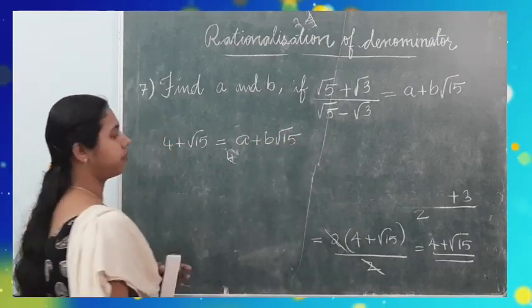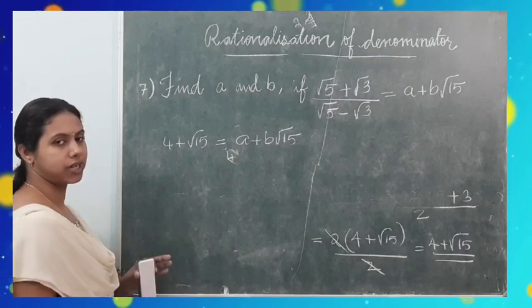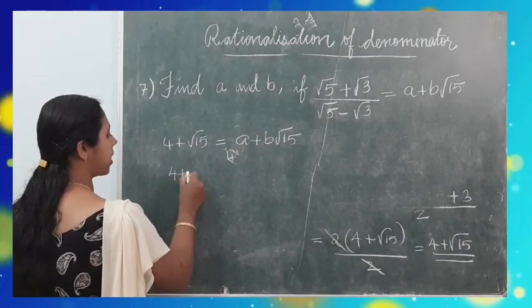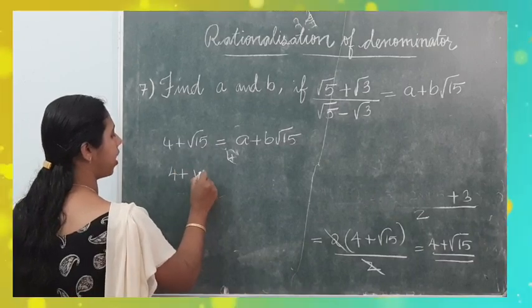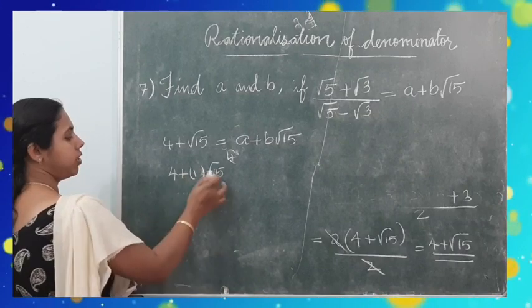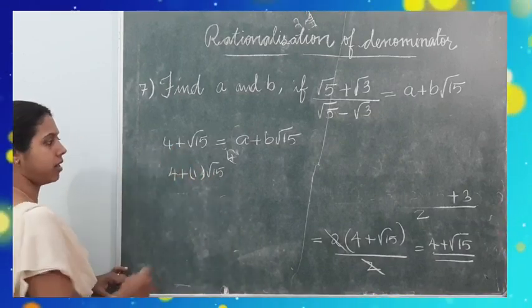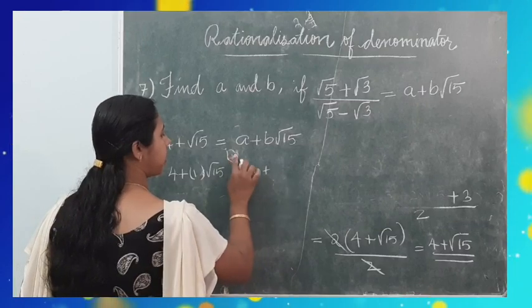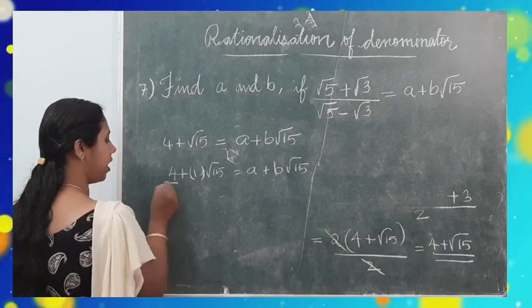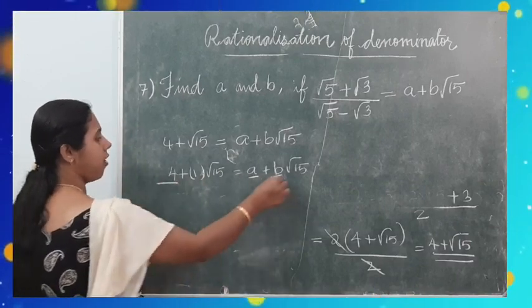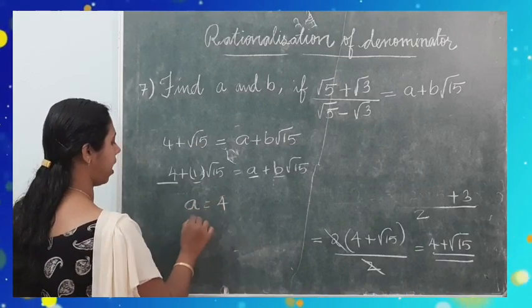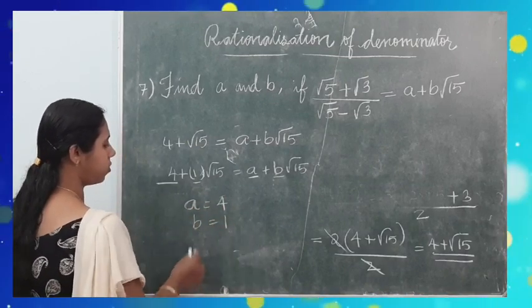So when you compare these rational and irrational numbers, 4 plus root 15 we can write as 4 plus 1 into root 15, and that is equal to a plus b root 15. From this we get the value of a is equal to 4 and the value of b is equal to 1.